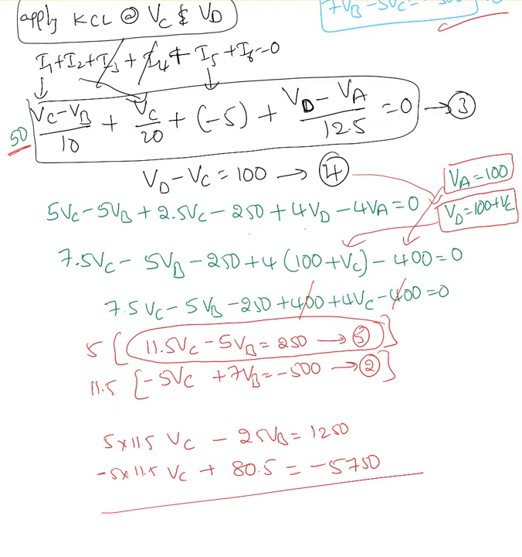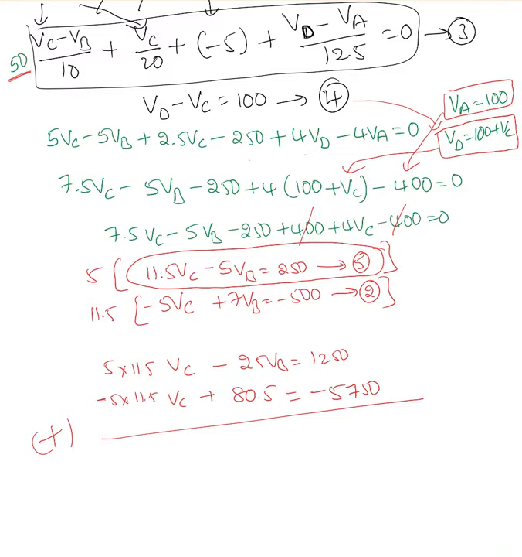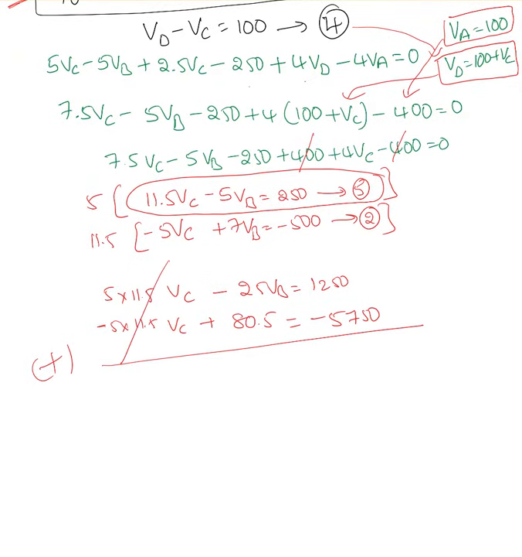I'm adding these two equations. When I add them, the VC terms get cancelled out. By the way, I missed VB there. So 80.5 minus 25 VB, which is 55.5VB, equals 4500.